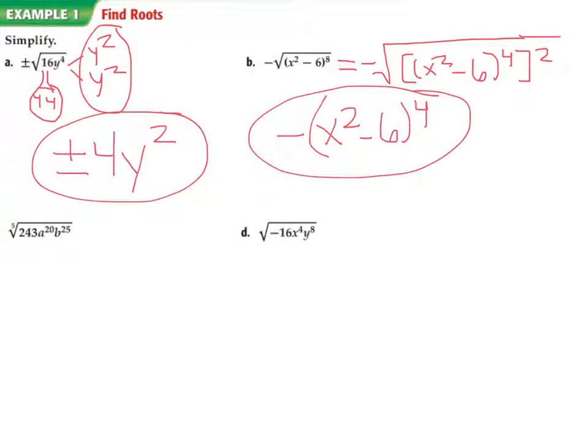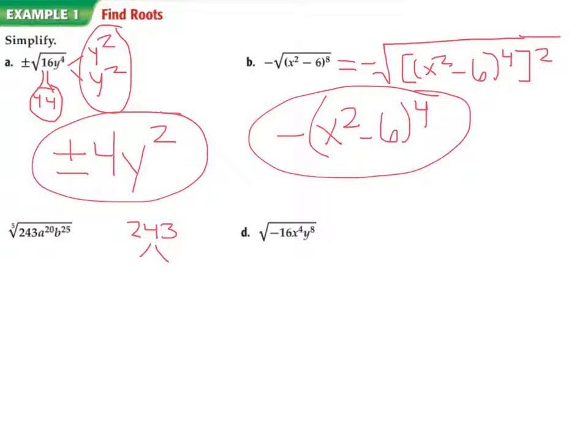In example C, we have to notice that we're not taking the square root, but we're taking the 5th root. So when we have the 5th root of 243, a to the 20th power, b to the 25th power, we're looking for groups of 5 that we can take out. So we're going to break down the 243 just like we would normally break something down when we're looking for pairs, but now we're looking for groups of 5.